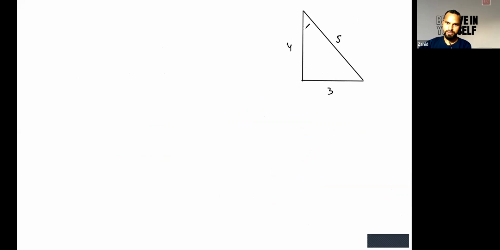Corresponding to this 3, the opposite angle would be 37 degrees. This is 4, so opposite to this would be 53 degrees, and this will be your 90 degrees. So just remember this special triangle in which, if the sides are 3, 4, 5, the angles opposite to 3 and 4 would be 37 degrees and 53 degrees respectively.